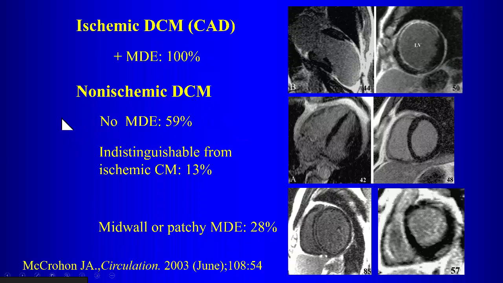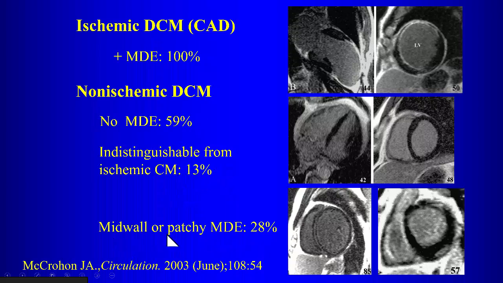Most of them had no delayed enhancement. So most cases of non-ischemic dilated cardiomyopathy will not demonstrate abnormal enhancement on MRI. That's still useful because that tells you that it's not an ischemic cause of their dilated cardiomyopathy. A small percentage, let's get to that group last.